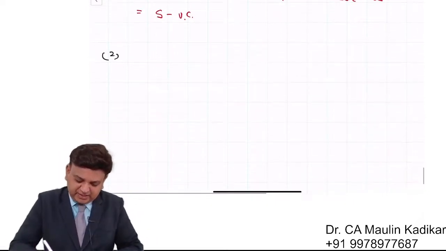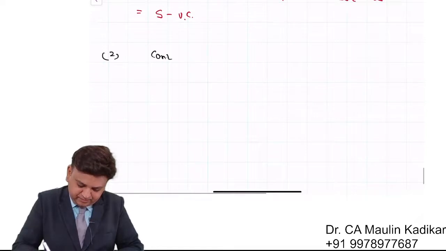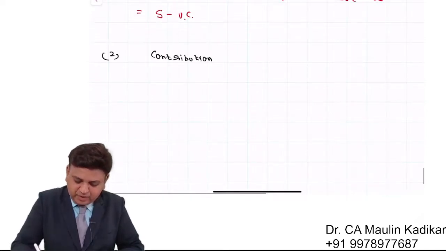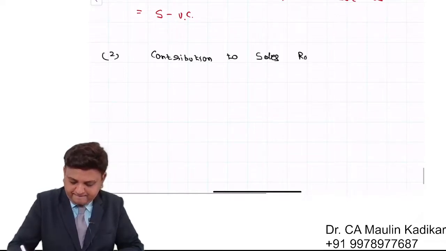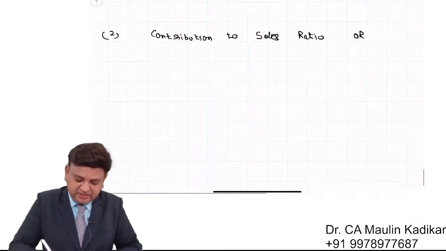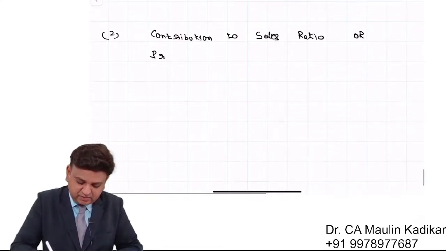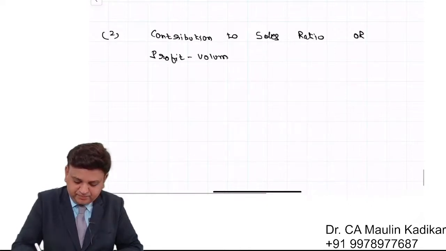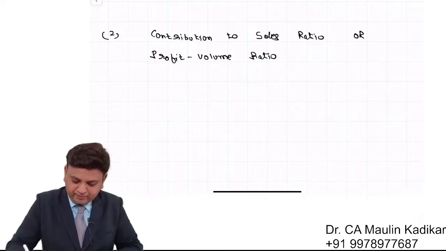Then second formula, write down contribution to sales ratio, or it is given a name as profit volume ratio. In bracket write down PV ratio.